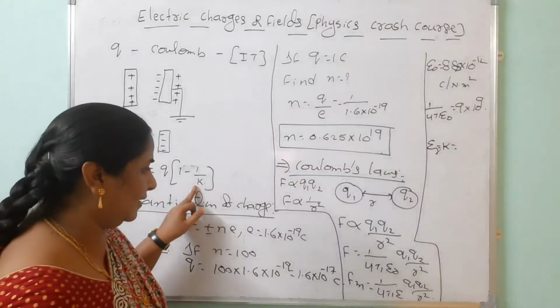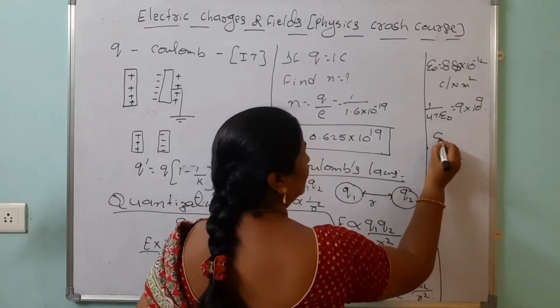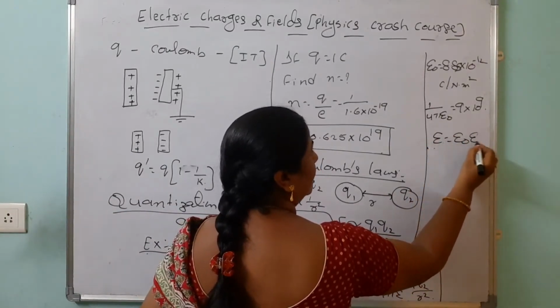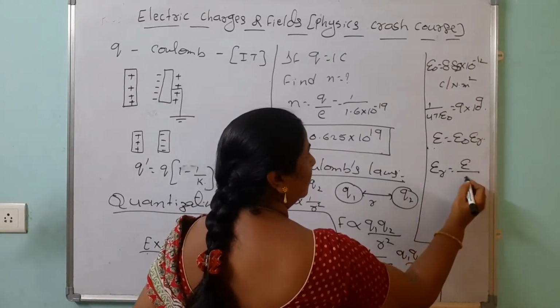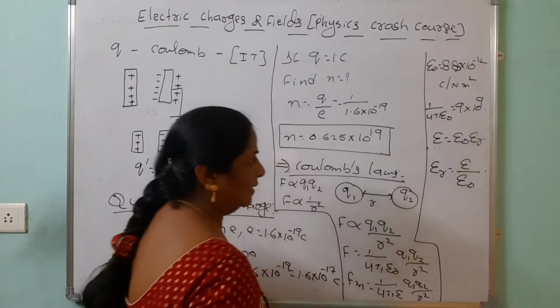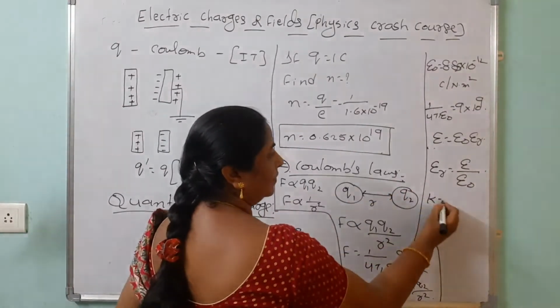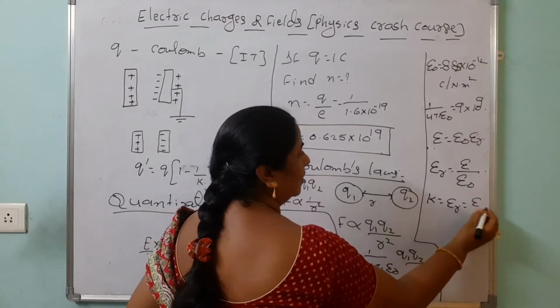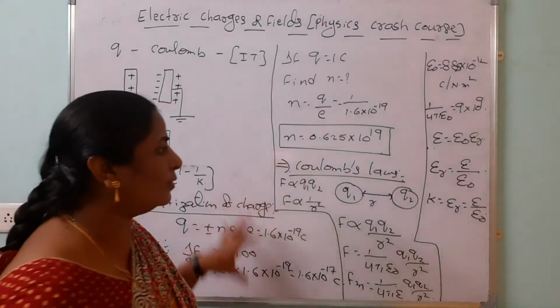Generally, epsilon equals epsilon naught into epsilon r. Epsilon r is the permittivity of the medium by the permittivity of free space. That is called the relative permittivity. So k equals epsilon r equals epsilon by epsilon naught. Okay, this belongs to Coulomb's law.